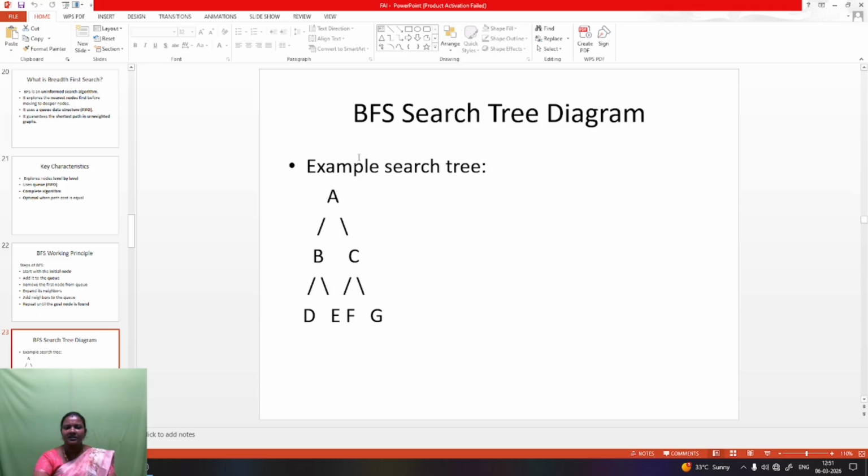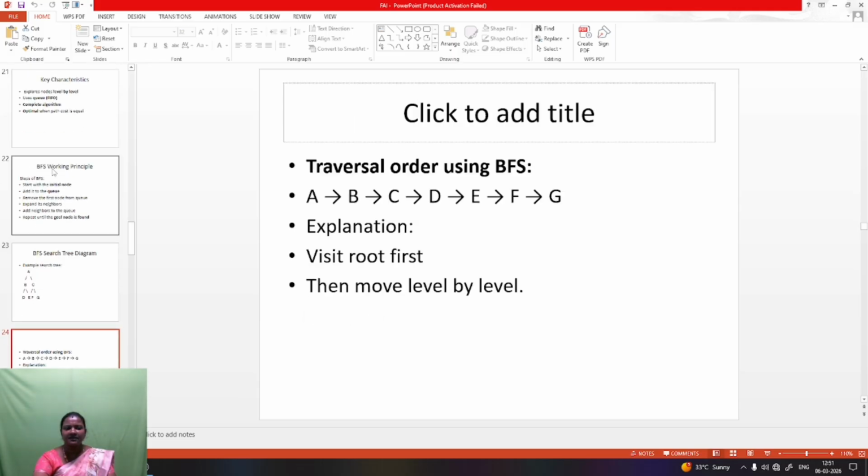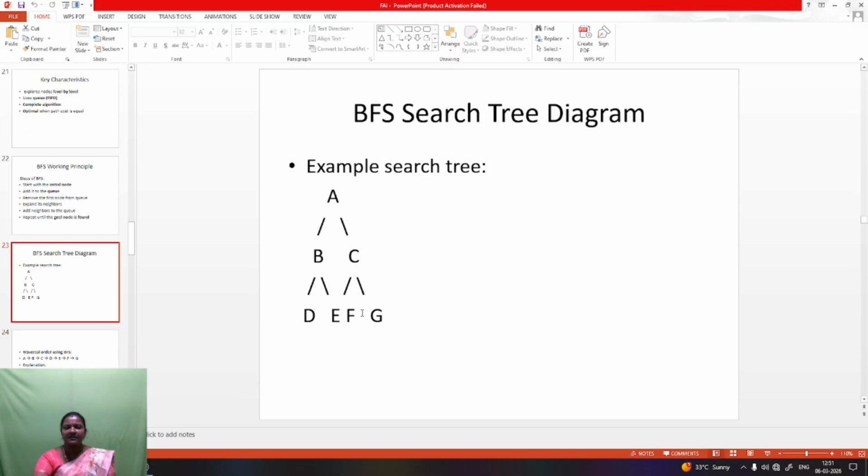This is a simple tree. Here A is the start node or parent node or initial node.